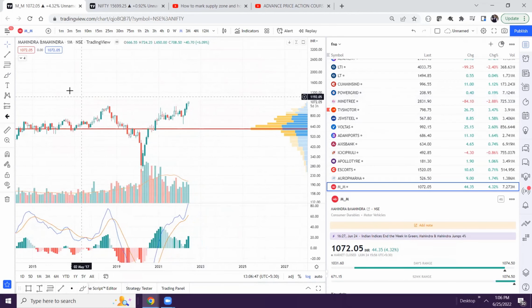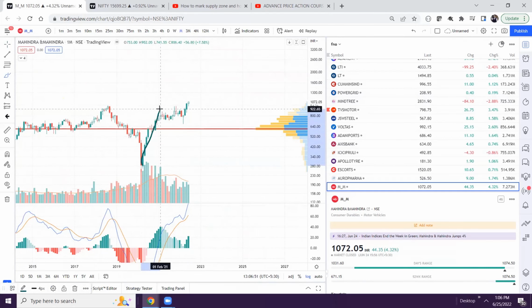So this was important. Now let me show you. This is a monthly chart. This is a fast move, right? After that, you got a corrective move, and in this time you had to enter. Now see, from 740 it again gave a move to 1070, right? But for this up move, you are already in an up move.